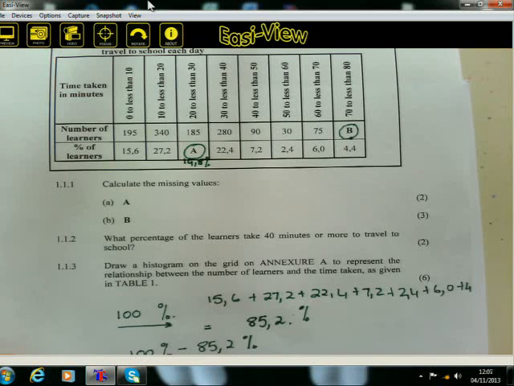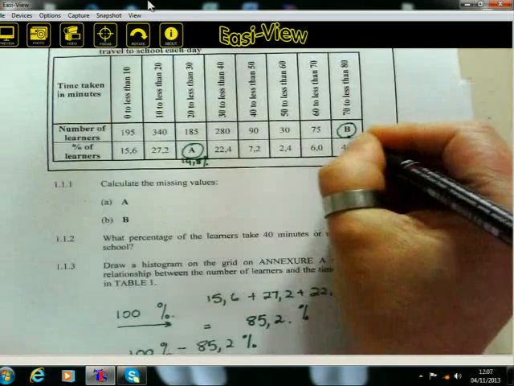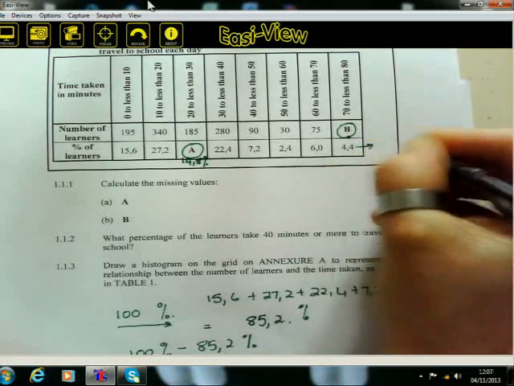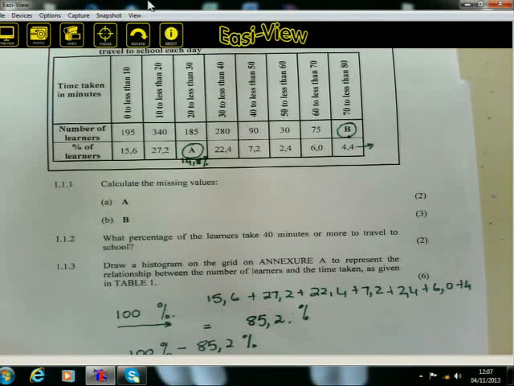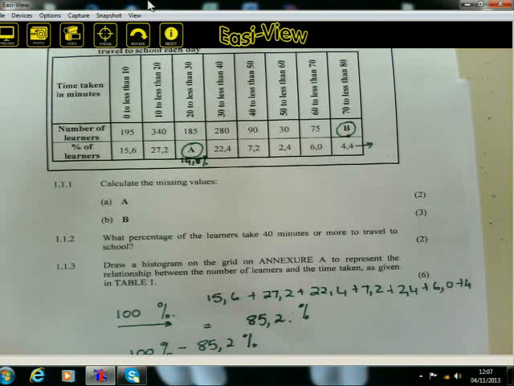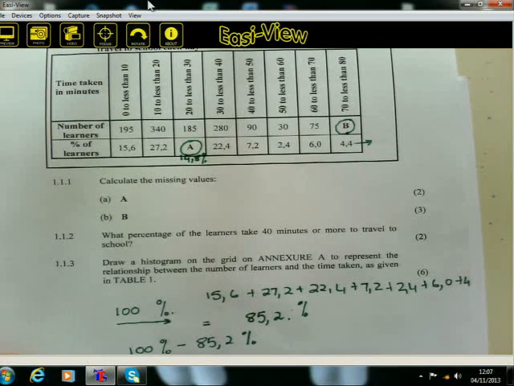Let us look at that B. What do we know already? We know that this B is 4,4% of the total number of learners that took part in this specific survey. The question is now, what is the total number of learners taking part in this survey?